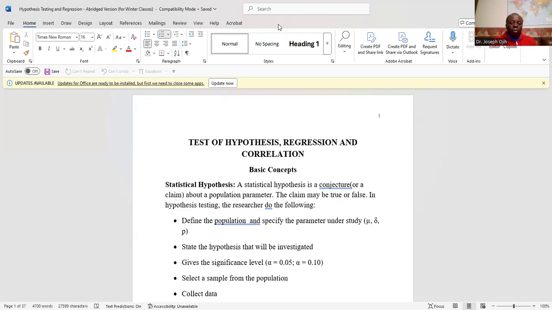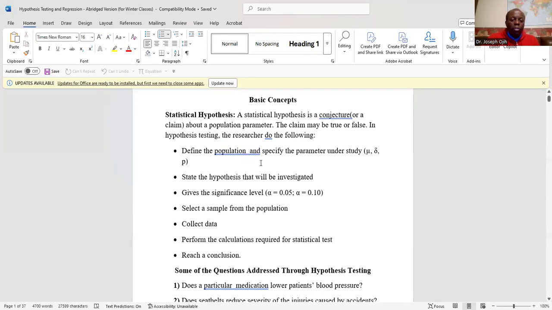Under hypothesis testing, we do the following. We define the population and specify the parameter, which can be the mean, the standard deviation, or the proportion. Then we state the hypothesis that will be investigated.